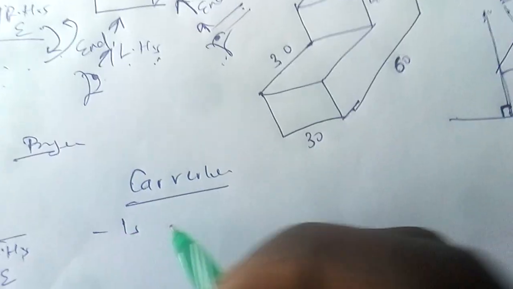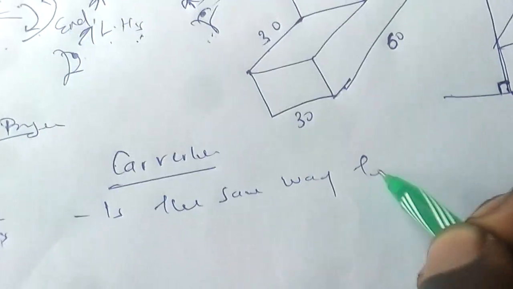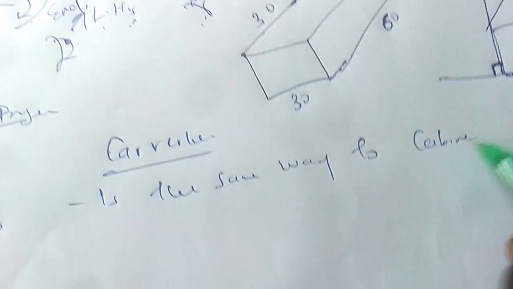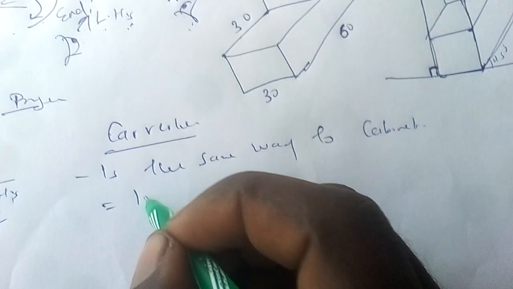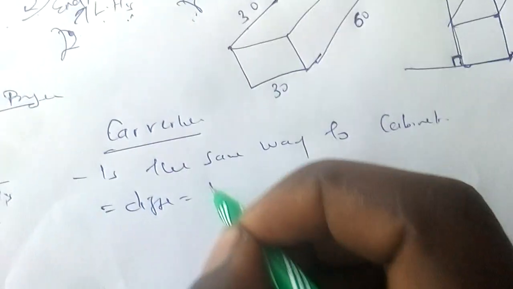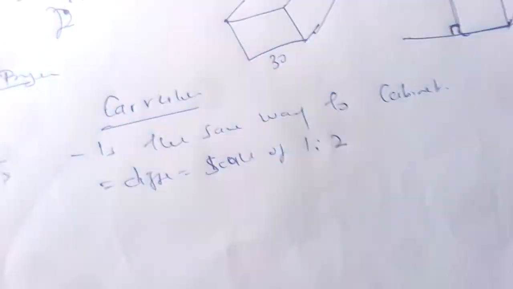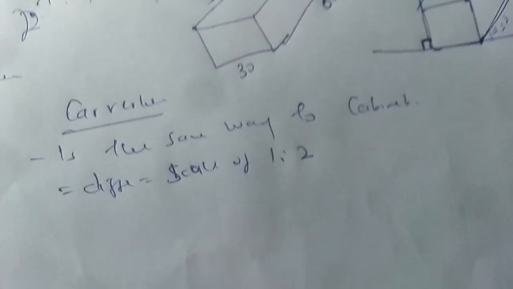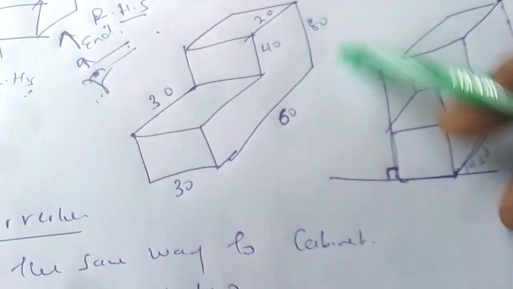Cavalier is the same as cabinet, but the difference is here we use a scale of 1:2. For example, let's use this scale. This is our block.